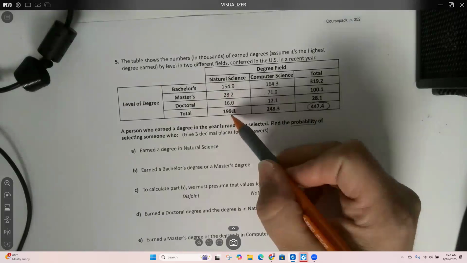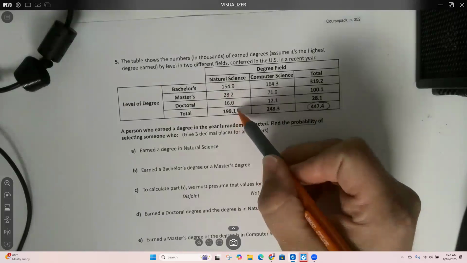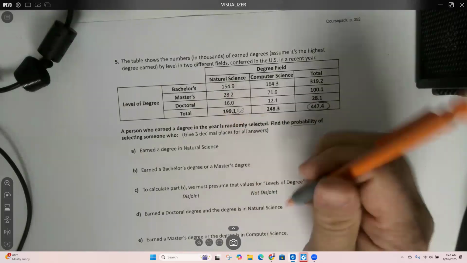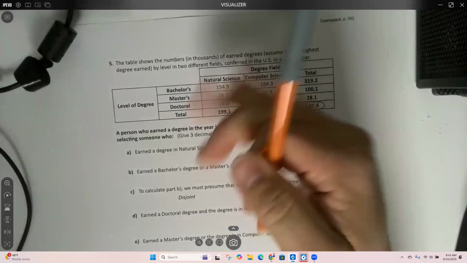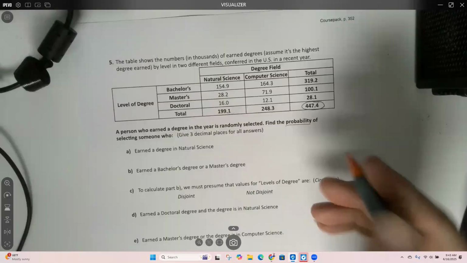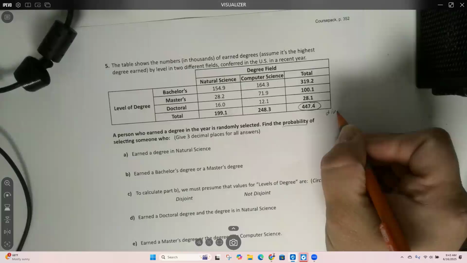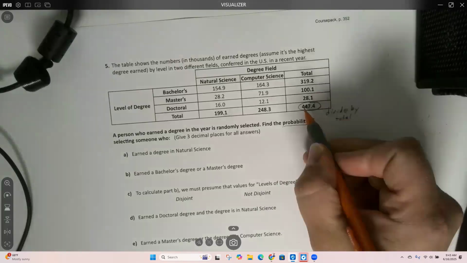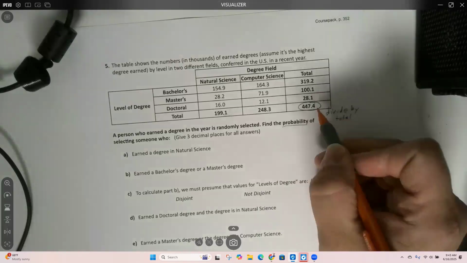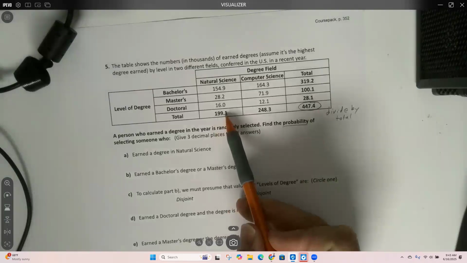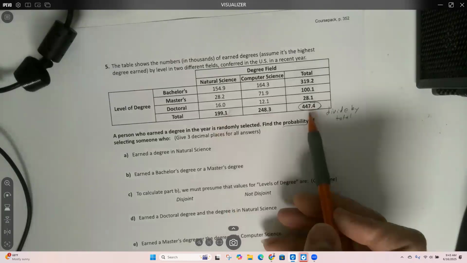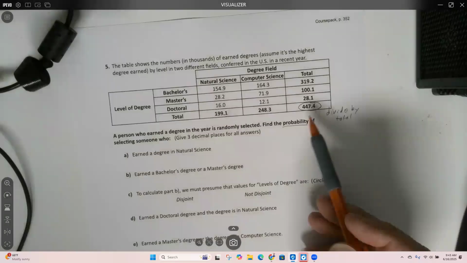This is actually 199,100. But that's okay. We'll just keep our units in mind. We're going to divide by this total here, which is 447.4. So I had 199 for natural science, 248 for computer science, so I have 447,000 people for my total.